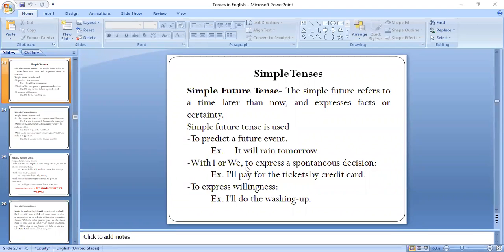So for predicting the future, we use the simple future tense. With I or we, we use it to express a spontaneous decision.